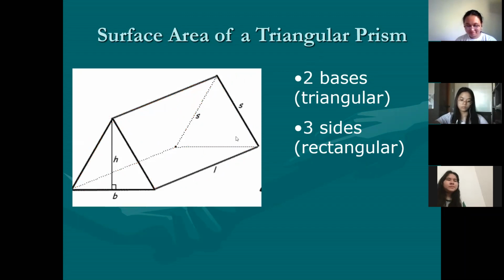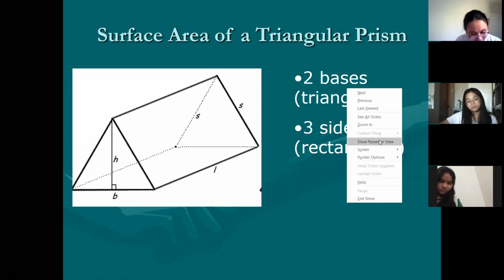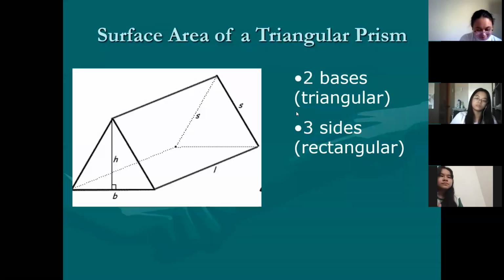I gave another set of formulas in your module. Whatever the shape of your triangle, you just have to apply the formula, add all the areas of the faces. In this case, we have the faces to be the same, since the base triangle is an equilateral triangle.